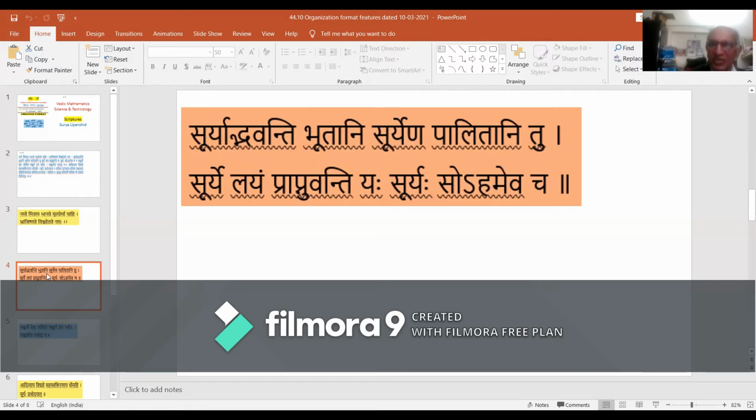It is the preservation of the values that all manifested creations, bhoot, living beings, or udbhavanti, come into existence because of the sun, and it is the sun which is sustaining this creation.